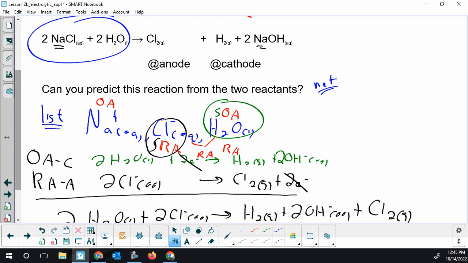The chemistry should also tell us it's non-spontaneous. Water is minus 0.83 volts. And I'd want to subtract the best reducing agent, which is chlorine, 1.23 volts. When you do this subtraction, it's going to be negative.